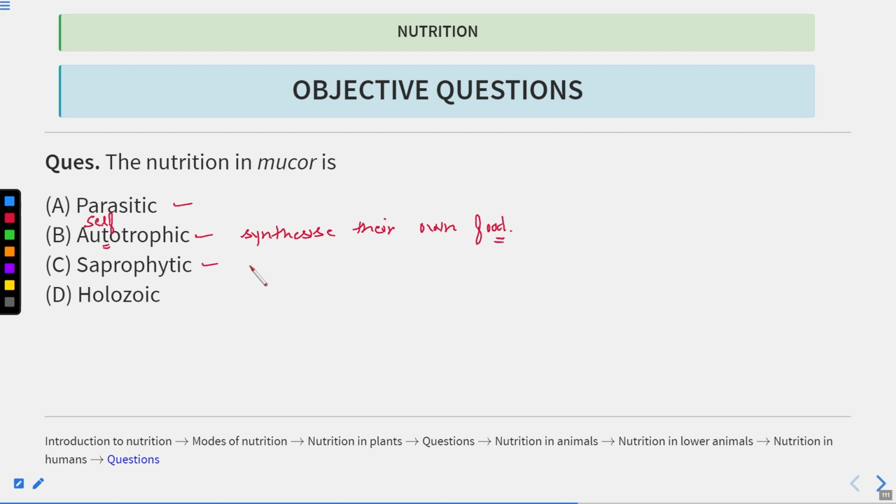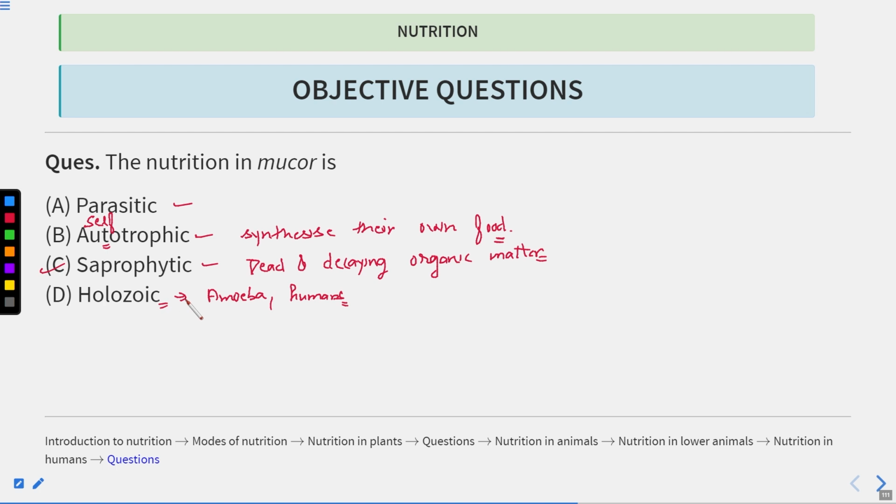Saprophytes are organisms that obtain nutrition from dead and decaying organic matter. So fungi, or the members of fungi, are mostly saprophytic. And holozoic also we have already discussed. An example is amoeba, and another example is humans. Humans are also holozoic.